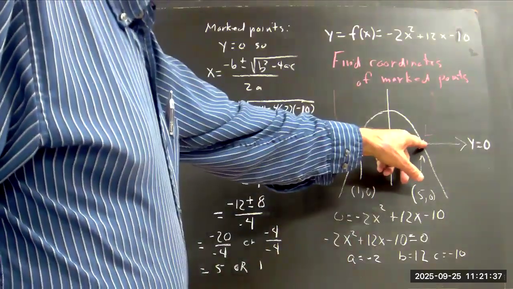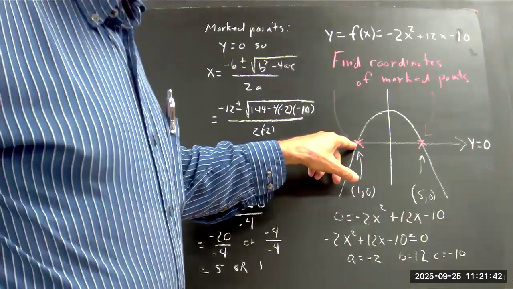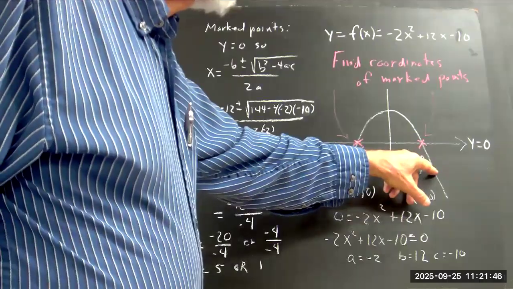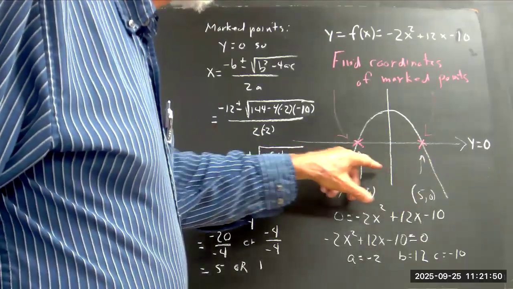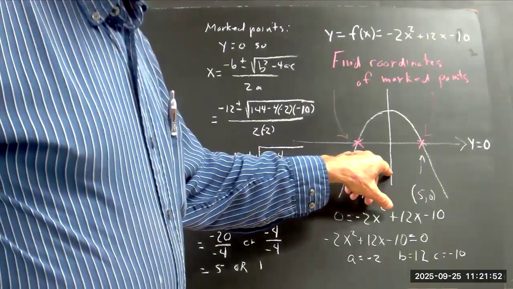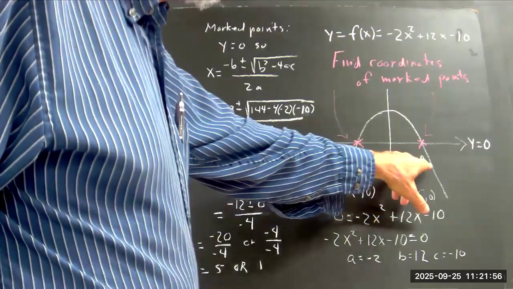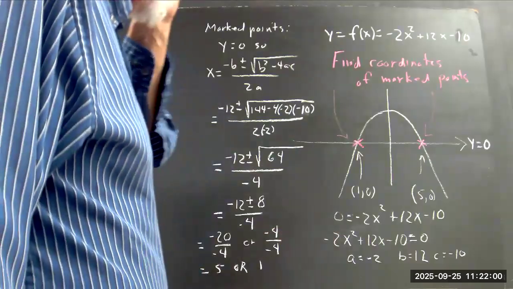So this point is exactly as far to the right of the axis as this point is to the left. Same for any point. For any given y, you get a point here and a point here, and they split the difference.